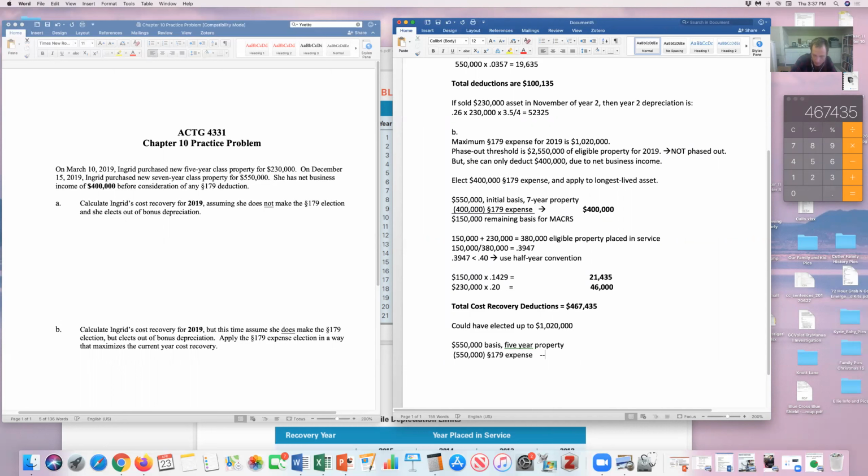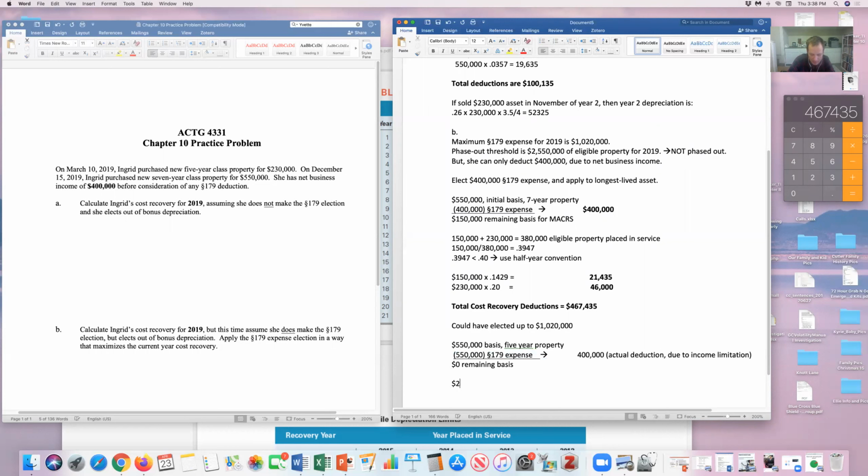But what she actually gets to deduct is still only 400,000, because of her income. But since she elected more than that, she now has $0 remaining basis. So there'll be no maker's depreciation.